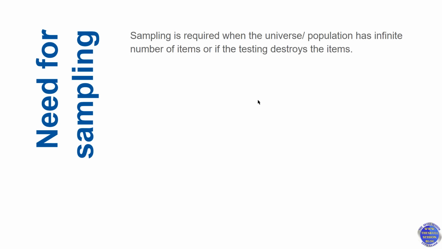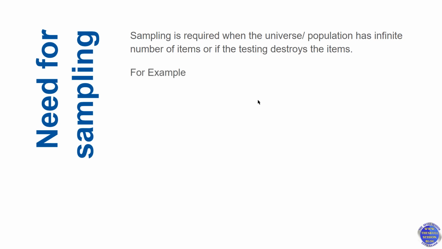Sampling is required when the universe or population has an infinite number of items. Sometimes it is possible that if you try to do a census survey, the entire unit might be destroyed. In both these instances, sampling is required to conduct the research.